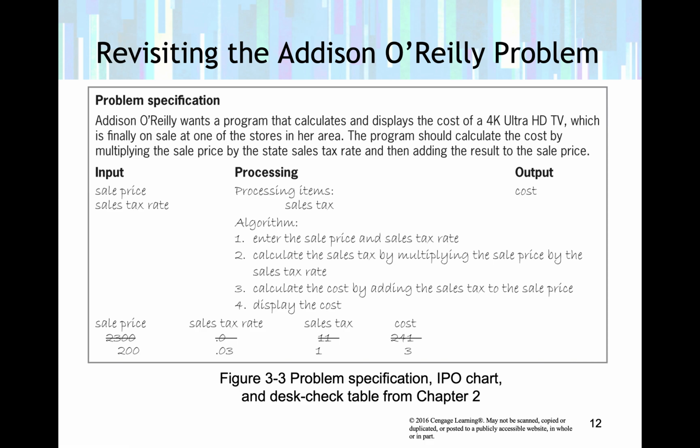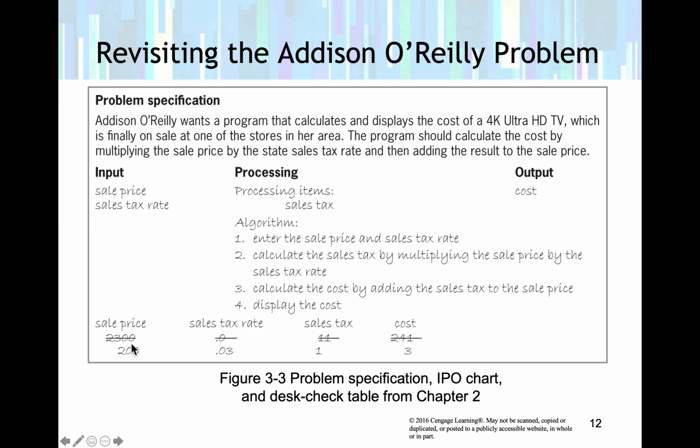We said the first thing we were going to do was ask the user to enter the sales price and the sales tax rate. Like if they could enter $100 and a sales tax rate of 0.0825. Then we would calculate how much tax they would pay, then calculate the total cost by adding the sales tax and the sale price, and then we would display the cost.